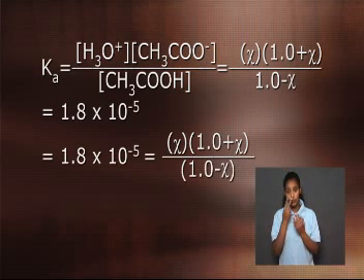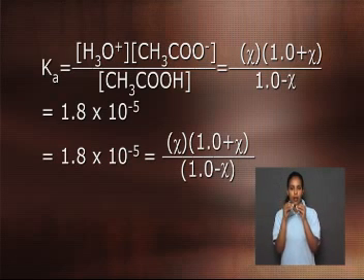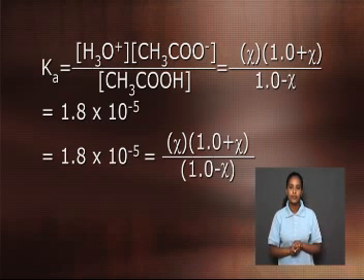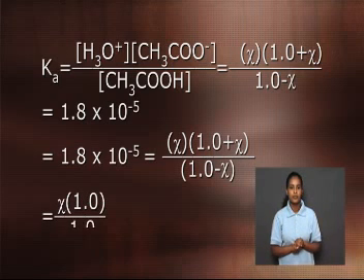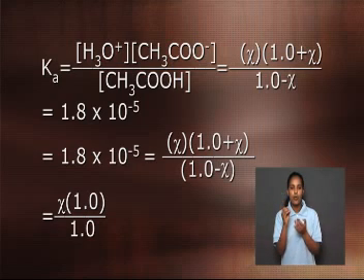If we assume that 1.0 plus X is approximately equal to 1.0 and 1.0 minus X is approximately equal to 1.0, then we come to this conclusion. 1.8 times 10 to the power of negative 5 is equal to X times 1.0 plus X divided by 1.0 minus X. This can be simplified to X times 1.0 over 1.0.